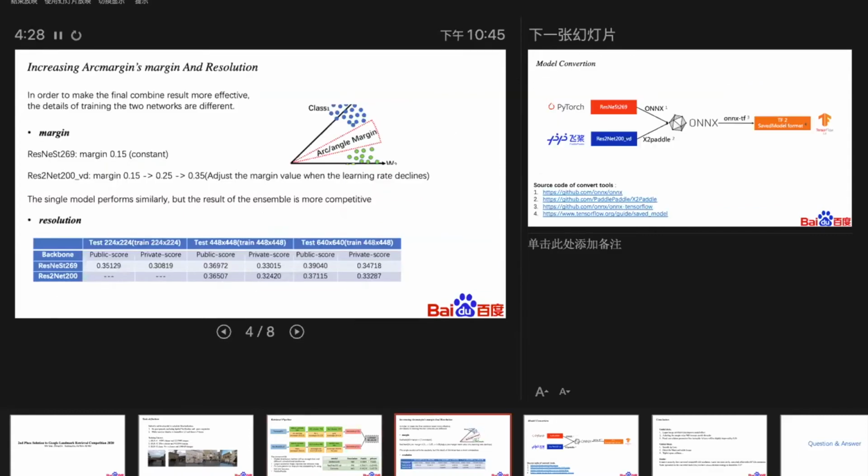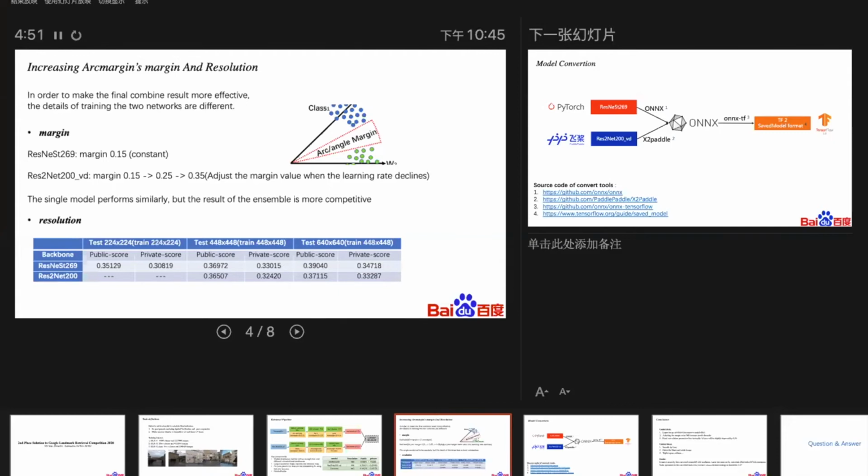Look at the pictures. We use margin to train results with different margins. The single model performance is similar, but the result of the ensemble is more competitive. For resolution, increasing resolution in training and inference helps improve the model effect.